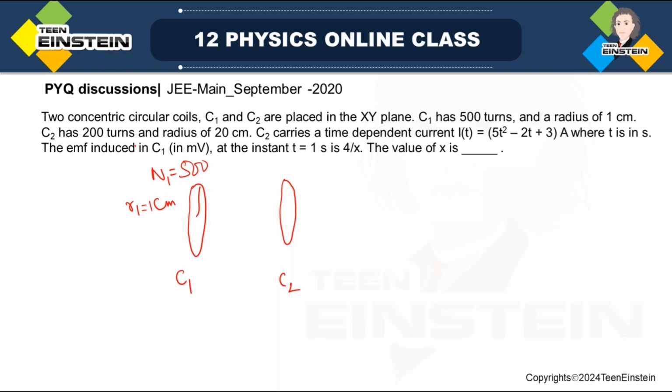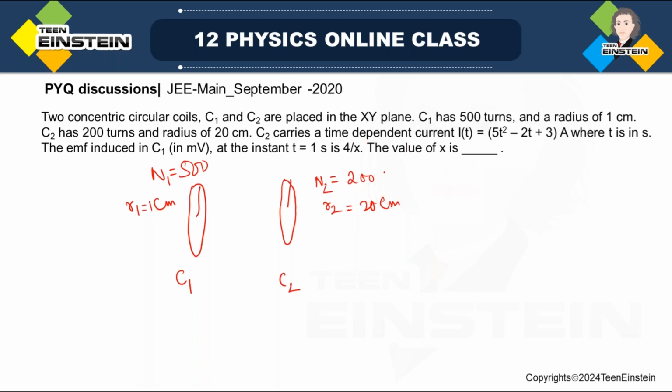Then C2 has 200 turns, this is N2, and it has radius 20 centimeter, the bigger one.